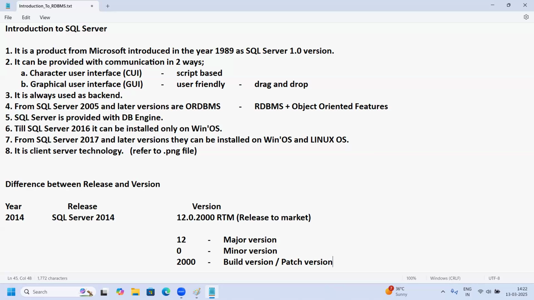Two names are given. Right? Build version or patch version. 12 is called major version, 0 is called minor version, 2000 is build version, or what do you call that name as? Patch version. Okay.